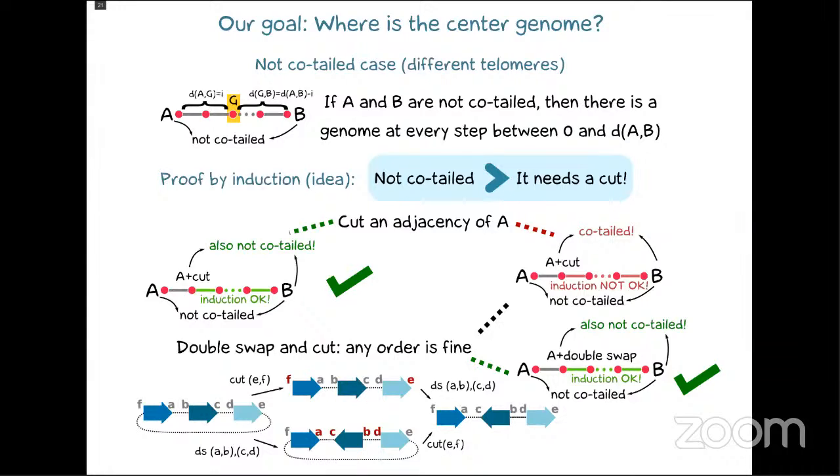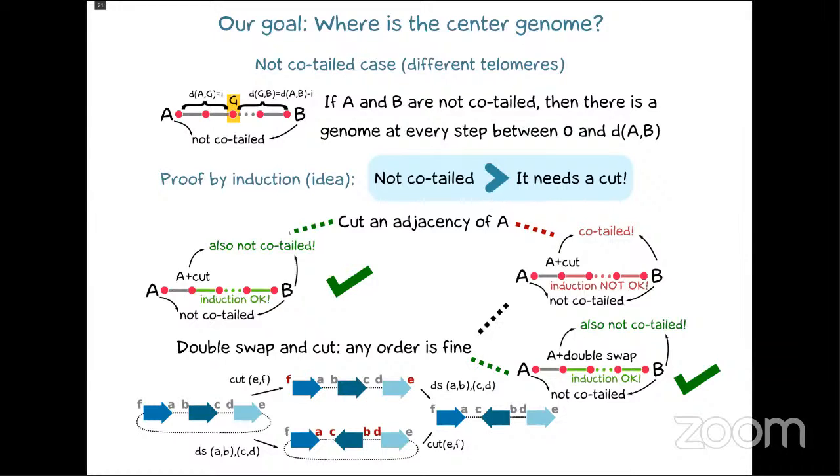The problem is if you apply an operation that leads to a genome cotailed with B. What to do in this case? Well, if this genome is cotailed with B, you know that from then on, you only have double swaps. And there is a theorem that says that you can swap a double swap with a cut. Do them in reverse order.